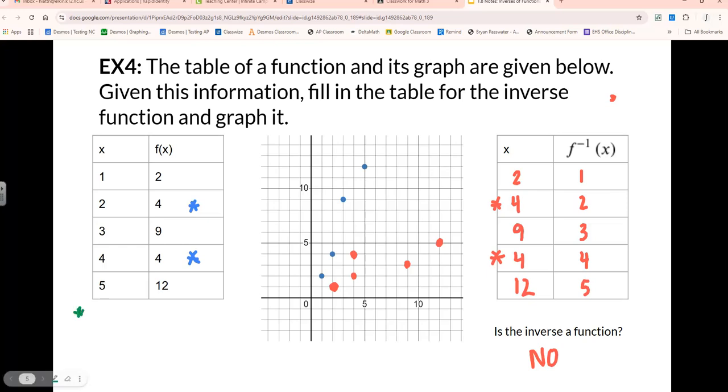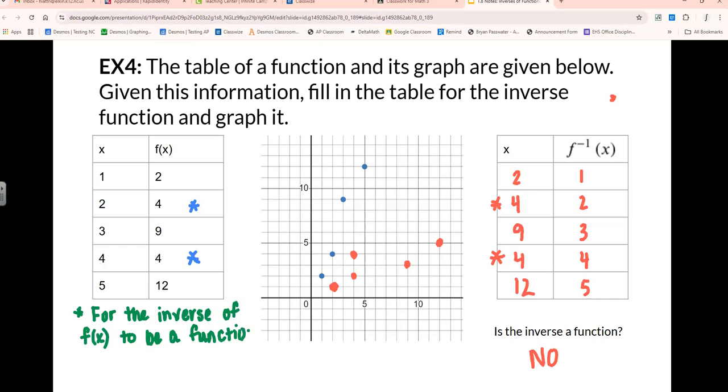So let's put ourselves a little note right here: for the inverse of f of x to be a function, f of x must be 1-to-1.